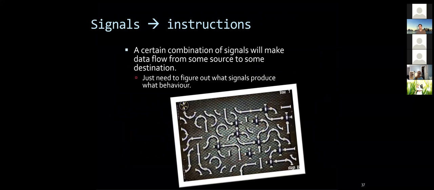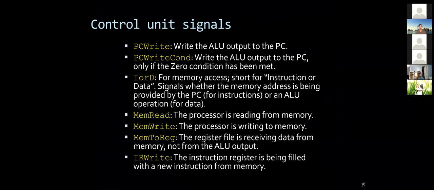A certain combination of signals will make data flow from a source to some destination. We just need to figure out what signals produce what behavior. And this is the tedious list of all of them. I'll just give you a few examples, and you can look at the list later on. Obviously, there is something called PC write, which means that we write the ALU output to the PC.